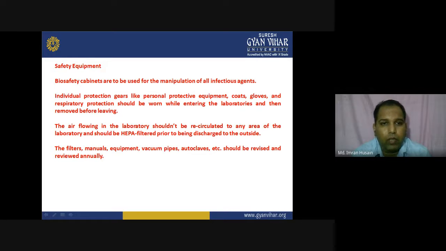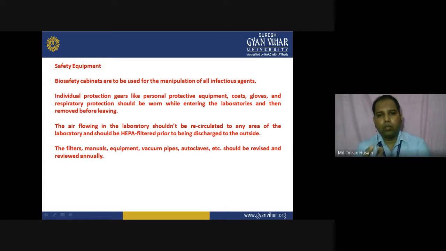Safety equipment. Biosafety cabinets are used for the manipulation of all infectious agents. Individual protection gears like personal protective equipment (PPE), kit, coats, gloves, and respiratory protection should be worn while entering the laboratories and then removed before leaving.